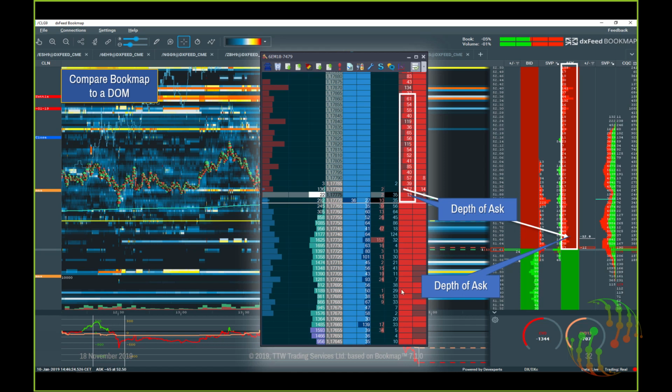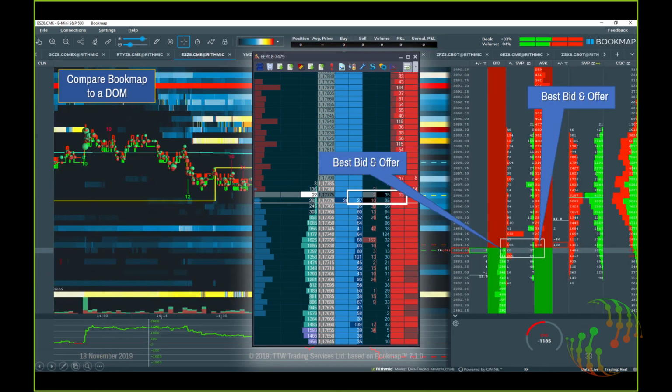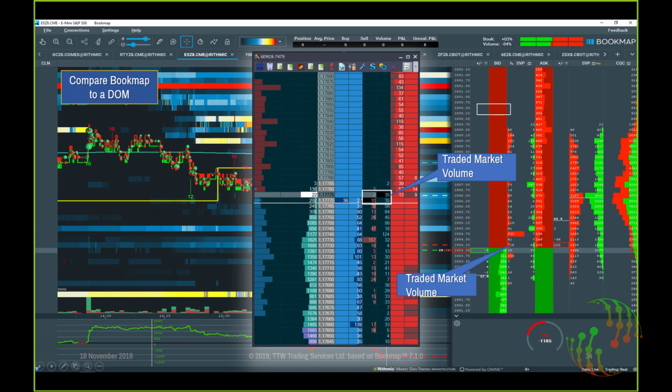It's absolutely the same, and even if you have the same data feed, I've tested it with Rithmic, the numbers are absolutely equal. You have the best bid and the best offer, like here. Traded volume, we will talk about aggressors in this column here.